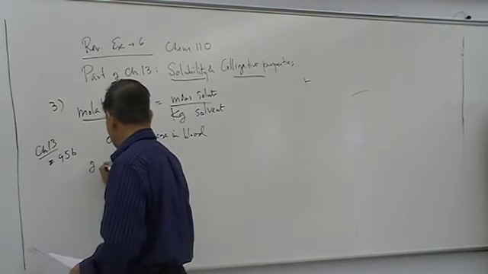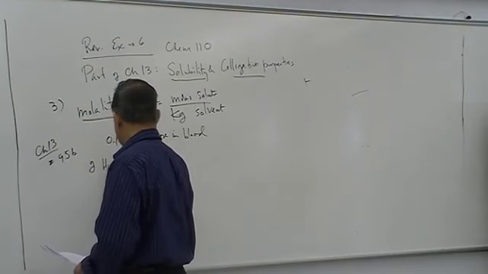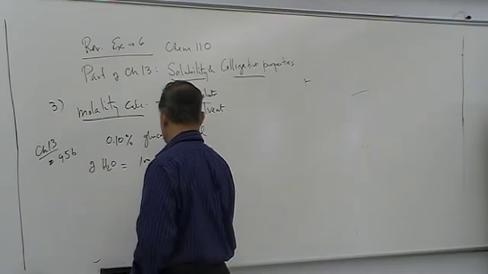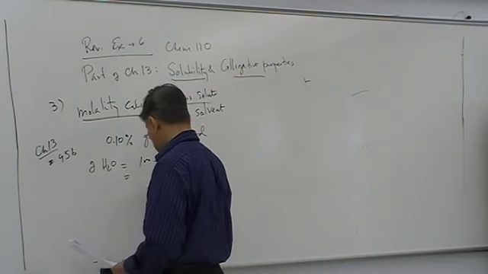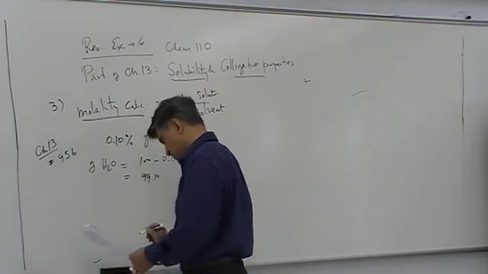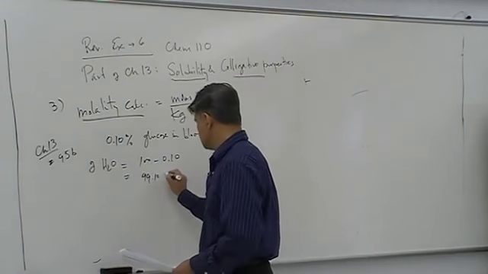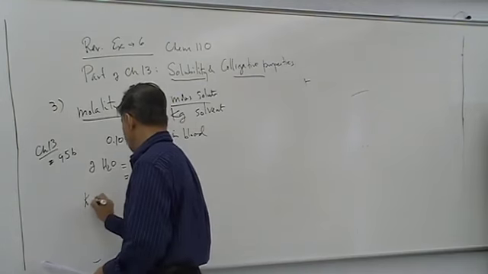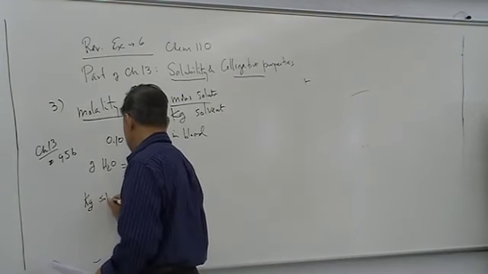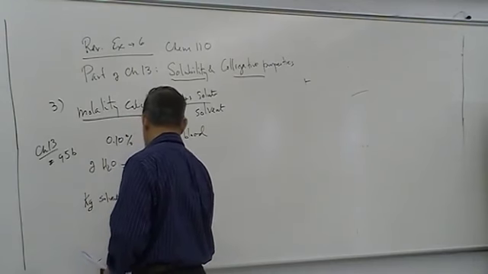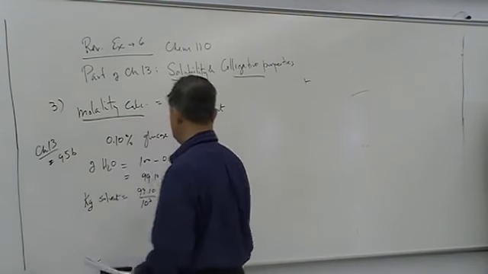So gram of water in blood is given by 100 minus 0.10, and that's 99.90 gram. And then we change it to kilogram, because that's kilogram of solvent. We need to have kilogram of solvent. So 99.90 divided by 1,000, that makes it kilogram, because this is gram.